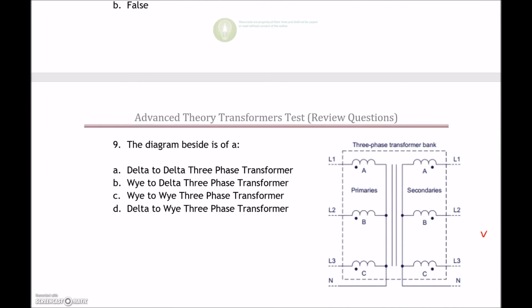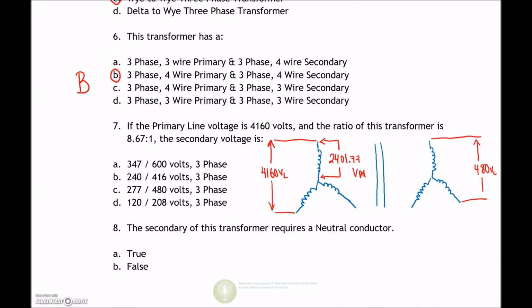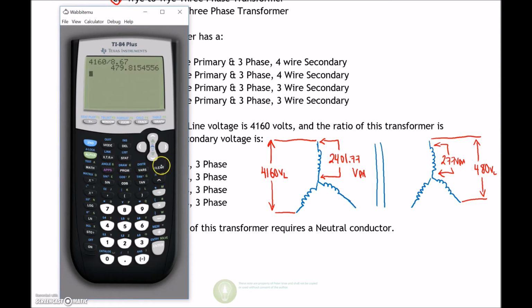And we know that, easy now, we know that the phase voltage is going to be 277 volts phase to match that, right? So let's just double check. 2401.77. And we're going to divide by that same ratio of 8.67 to 1.